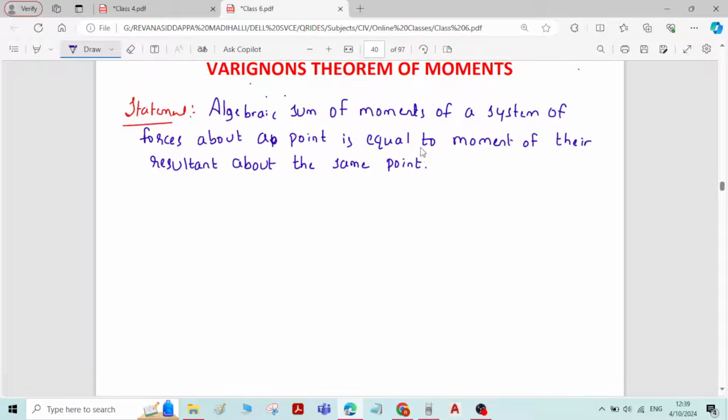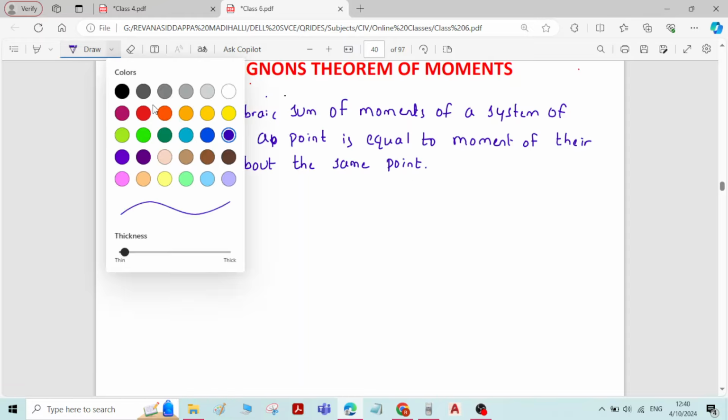Okay, so I hope you have understood the statement of the Varignon's theorem of moments. Now we will prove this Varignon's theorem of moments.